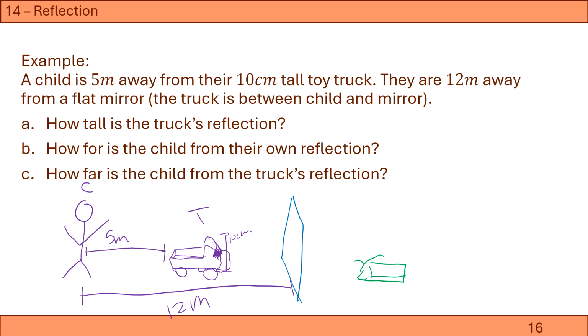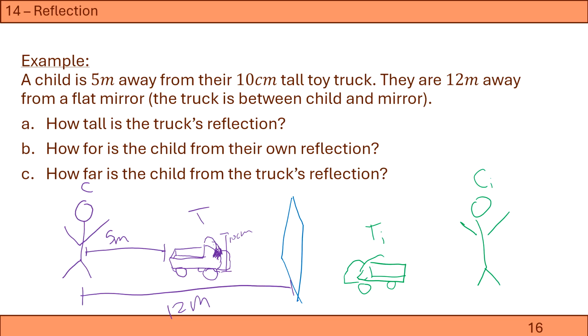And of course, the image of the child as well, over here. Okay, so now we have our reflections and our mirror dimension child. I'll call him CI and TI for truck image and child image.